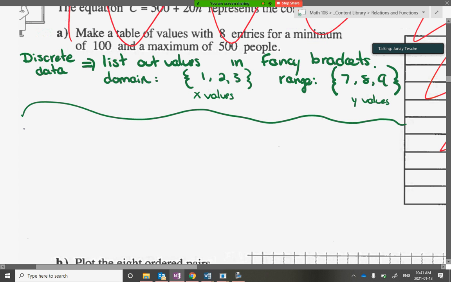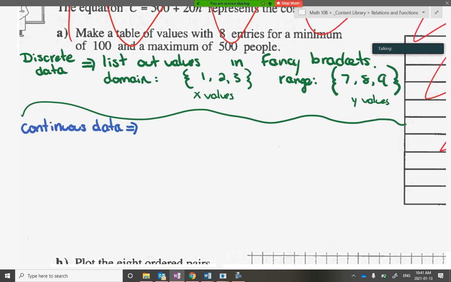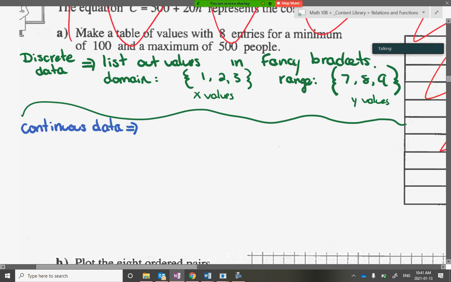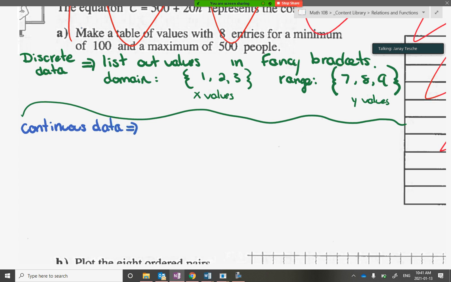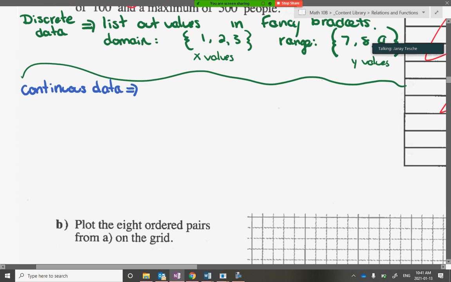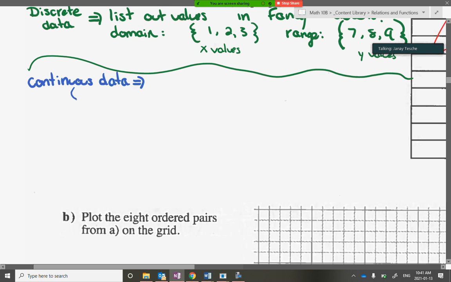Where it's harder is continuous. And we use a format that seems really wonky, and I'm going to write it out for you first and then explain all the different pieces of it. So you would start with continuous data, your fancy bracket, x, and then a vertical straight line.